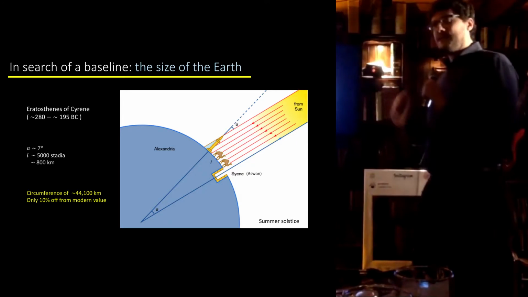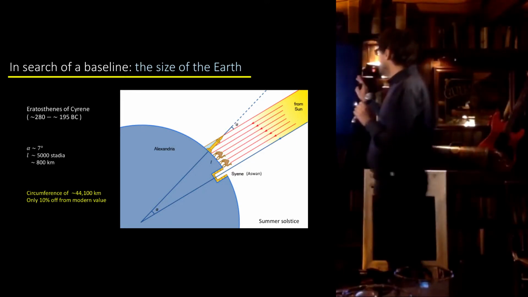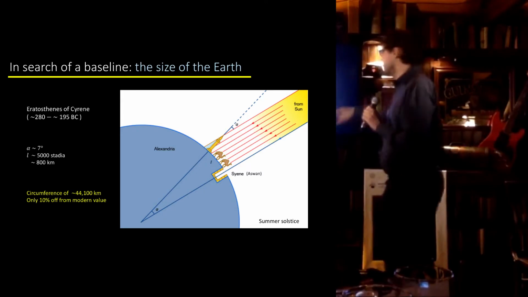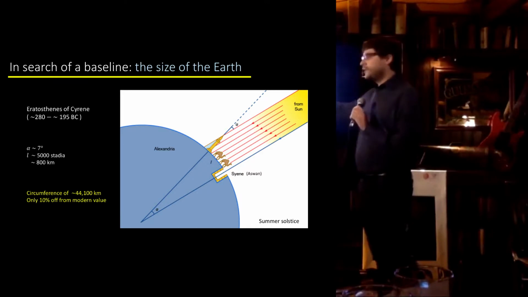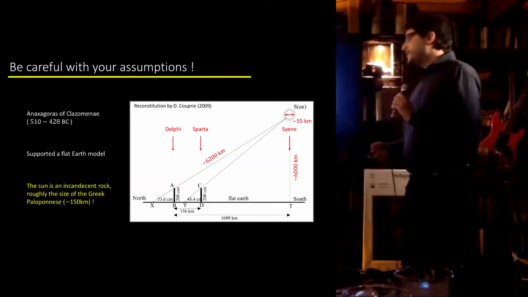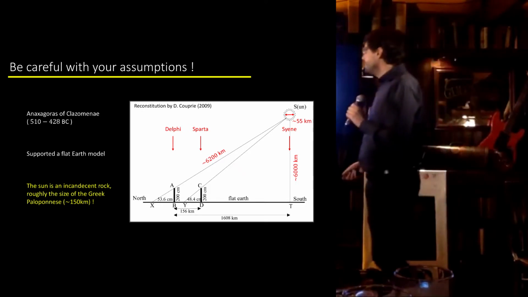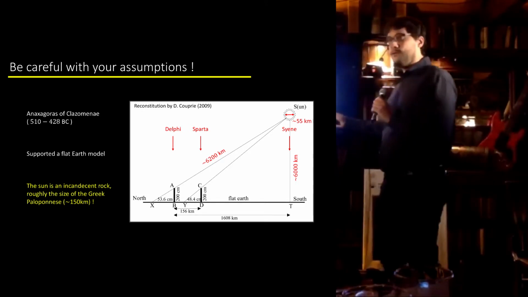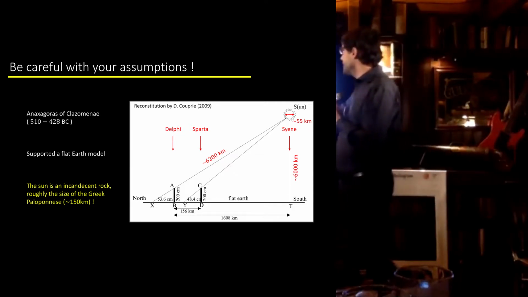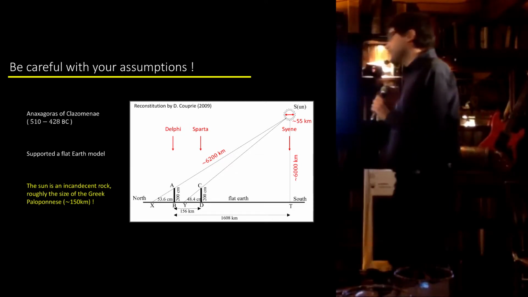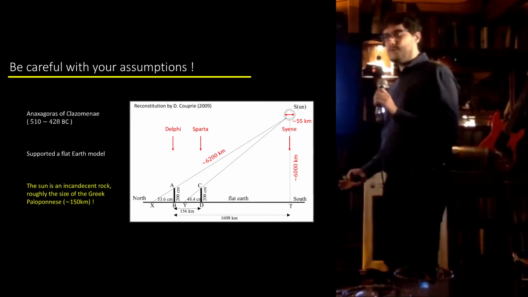Now, one important thing to mention is I talked about some of the assumptions: the sun is very far away, the light rays always come from the same direction, the Earth is round. Actually, if you change your assumptions, you come up with a very different answer. The same sort of observations were known very early on, way before Eratosthenes. And Anaxagoras, also a pre-Socratic philosopher, was a supporter of the flat Earth model.